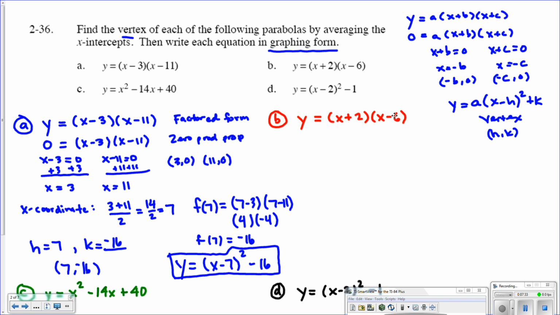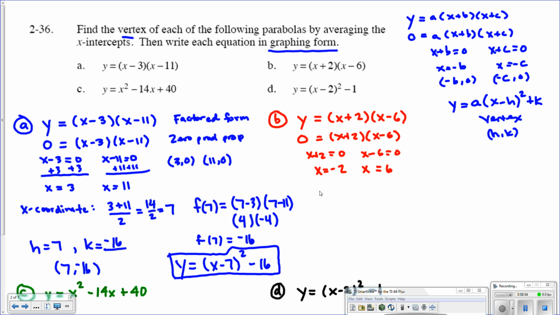So let's look at the second one here. I'm not going to go as in depth because I just did all that there, but remember we need to set it equal to 0. So we have x plus 2 equals 0 and x minus 6 equals 0. So we subtract our 2, we get x equals negative 2 and x equals 6, which means our parabola is going to cross the x-axis at negative 2 and 6.